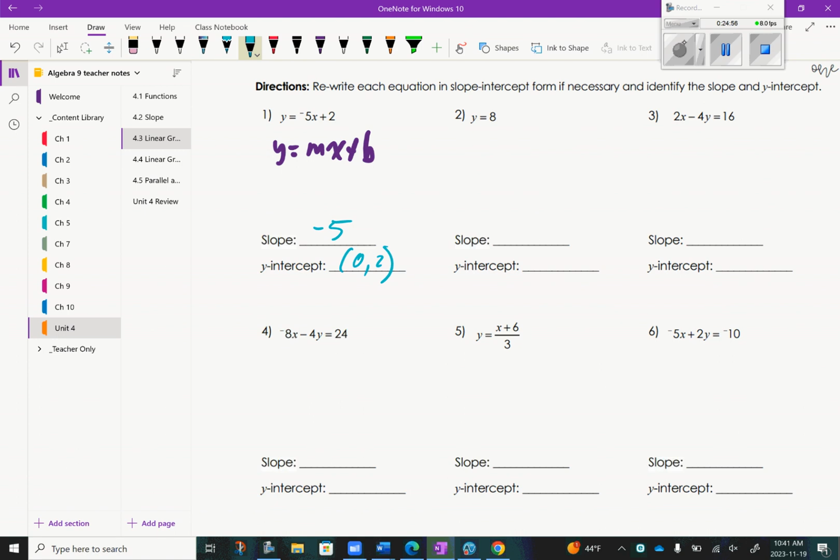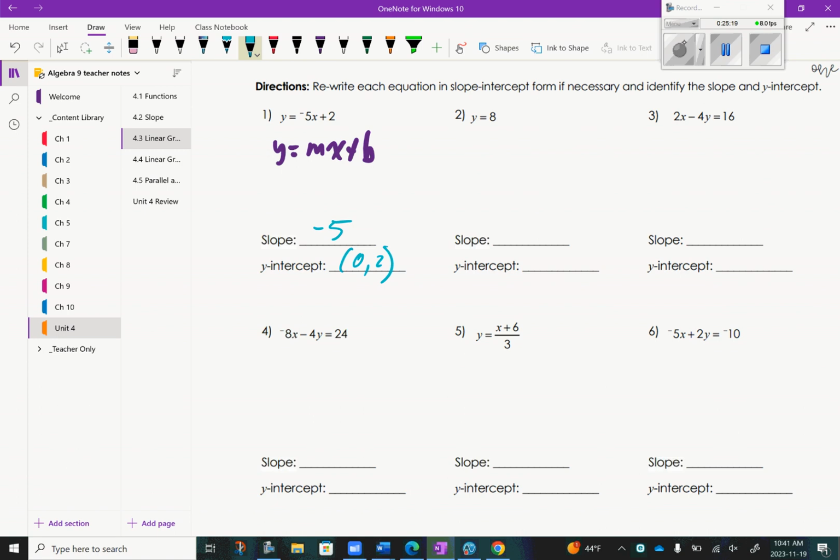It doesn't get much easier than this because the x-coordinate is always 0. Don't just put down 2. Write it as coordinates of a point. Show that you understand that this represents a location on our graph. Here are the coordinates of that point.